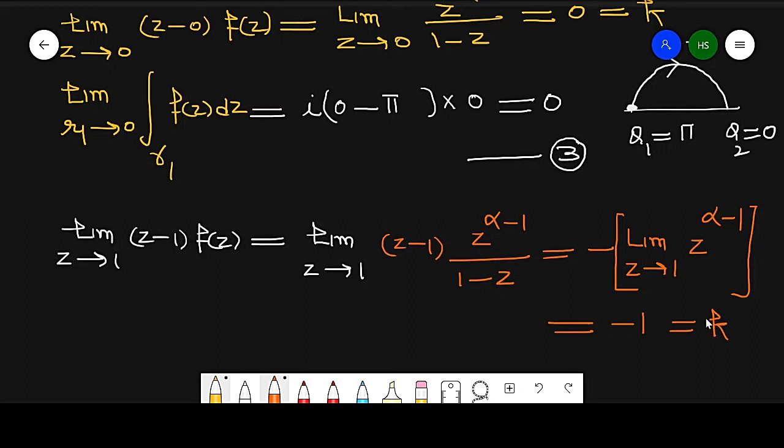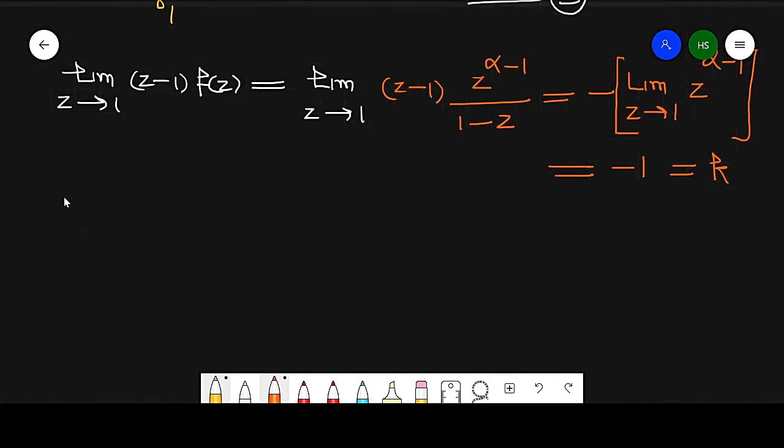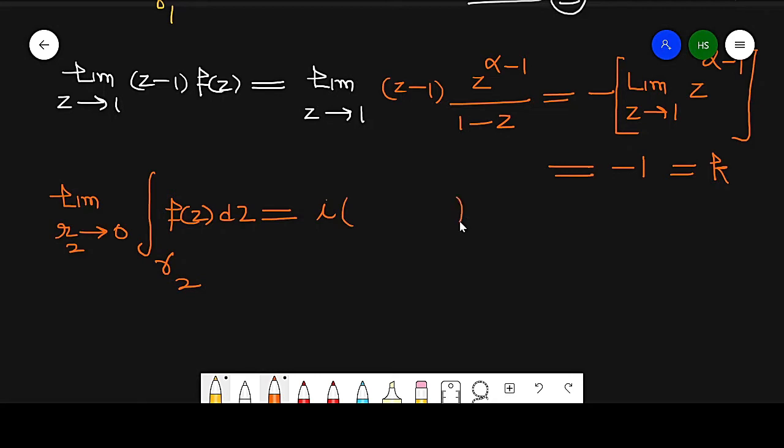Remember this value. Now to find the integration using that method, the limit as R2 approaches 0 of the integration around gamma 2 of f of z dz is equal to iota times theta 2 minus theta 1 times k. Now find the values of theta 2 and theta 1.